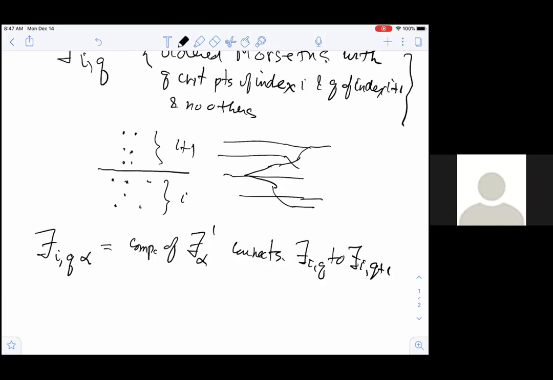So you get a graphic like that, this being the intermediate level here, not a critical level.